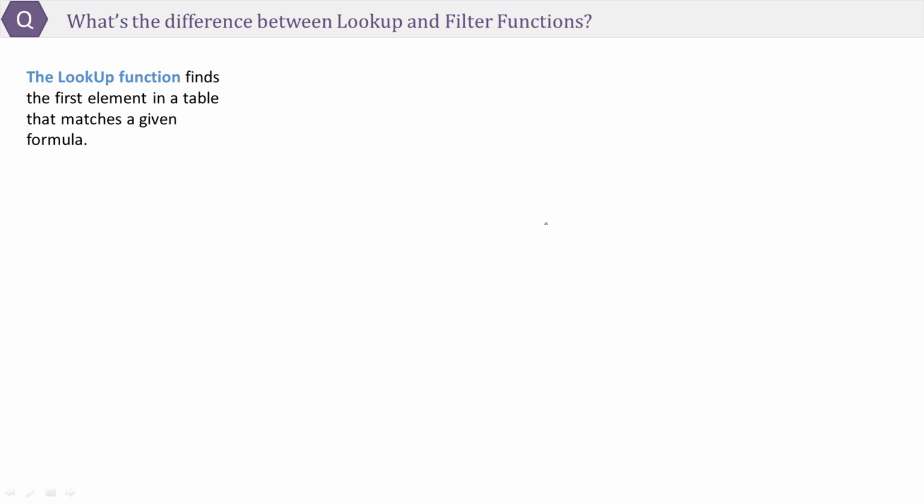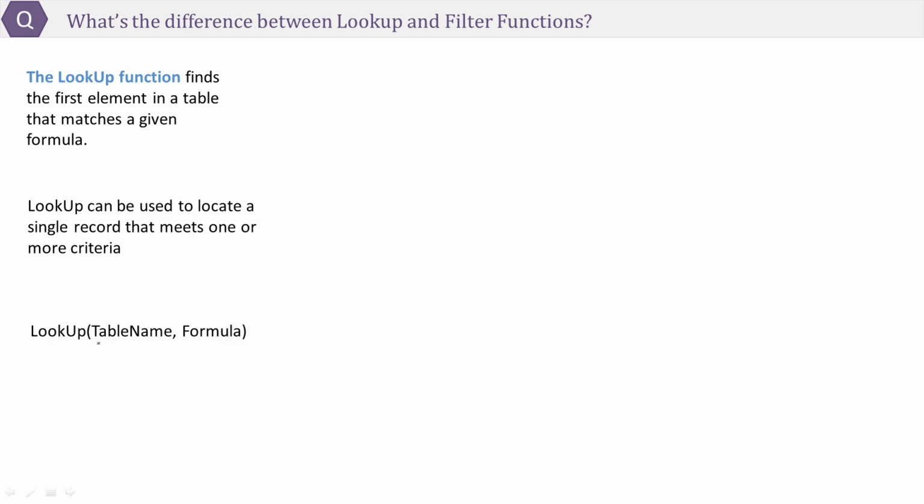The next question is, what is the difference between the LookUp and Filter functions? The LookUp function finds the first element in a table that matches a given formula. LookUp can be used to locate a single record that meets one or more criteria. The syntax of LookUp is table name, then formula.